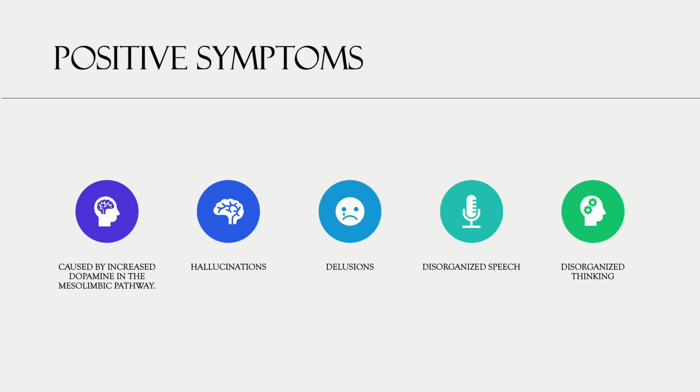They're caused by increased dopamine in the mesolimbic pathway. Positive symptoms are caused by increased dopamine in the mesolimbic pathway. Clinical manifestations are hallucinations, delusions, referential thinking, disorganized speech or behavior, hostility, grandiosity, mania, and suspiciousness.